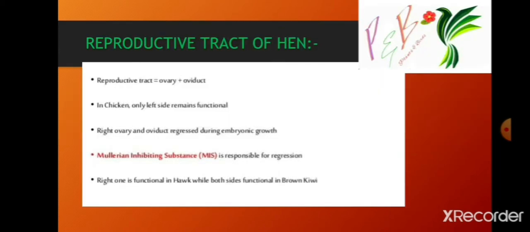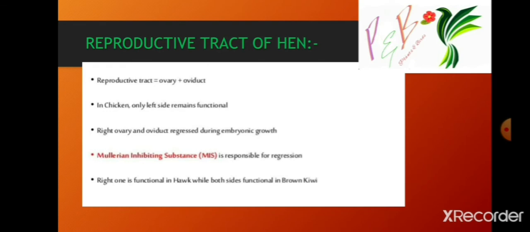First, the reproductive tract of the hen. The ovary and oviduct together form the reproductive tract. In chicken, only the left side remains functional, that is, the left ovary remains functional, whereas the right ovary and oviduct regress during embryonic growth, when it is growing inside the egg, before it is born.